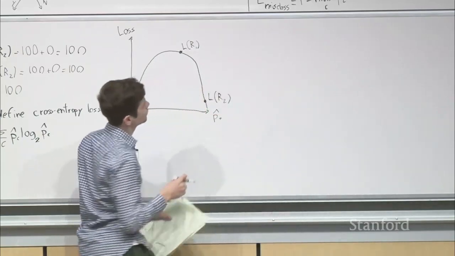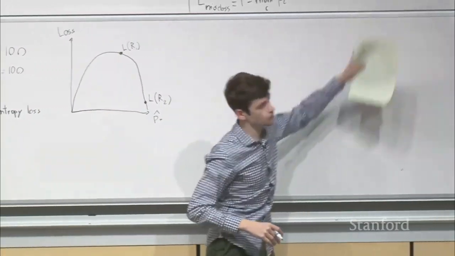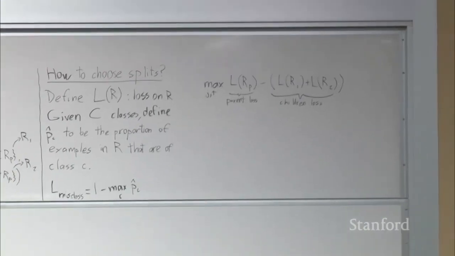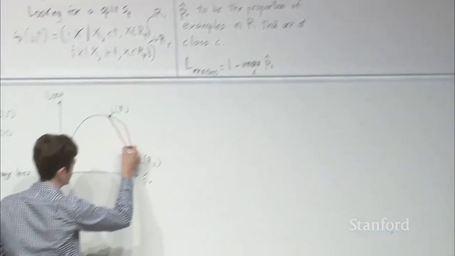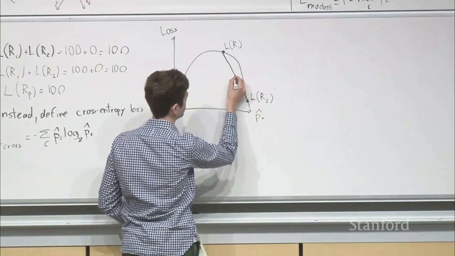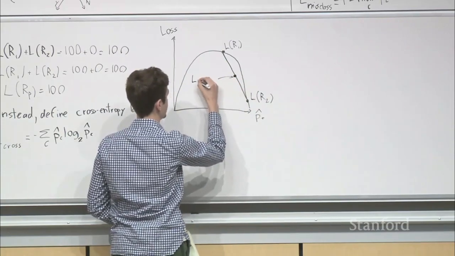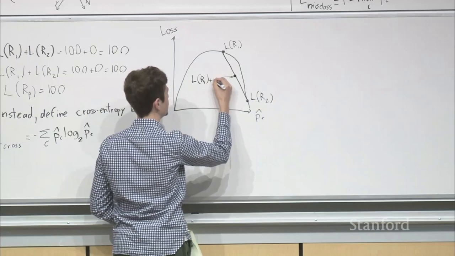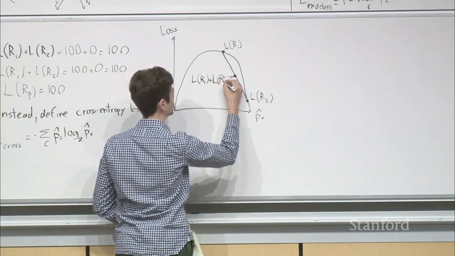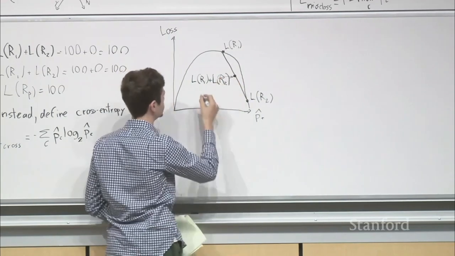When you're looking at the overall loss between the two, that's really just the average of the two. So you can draw a line between these two, and the midpoint turns out to be the average of your 2 losses. So this is LR1 plus LR2 divided by 2.